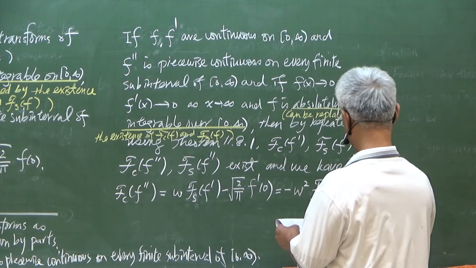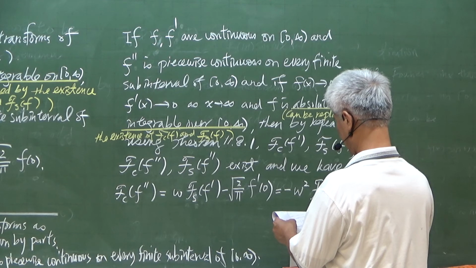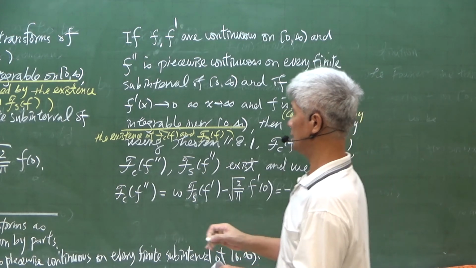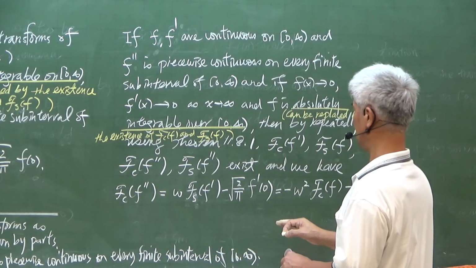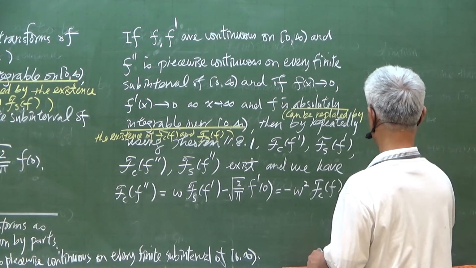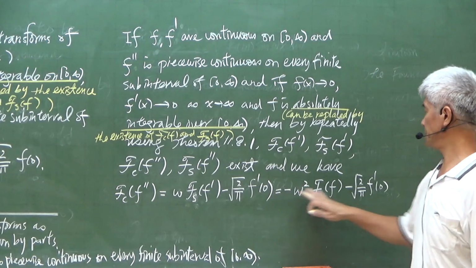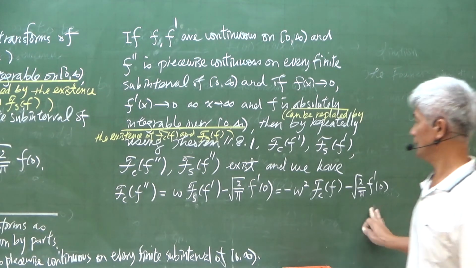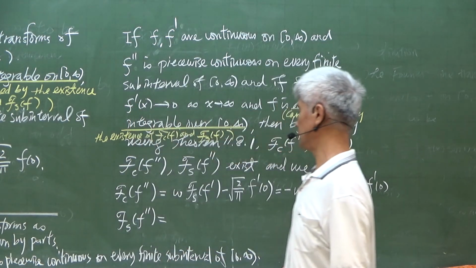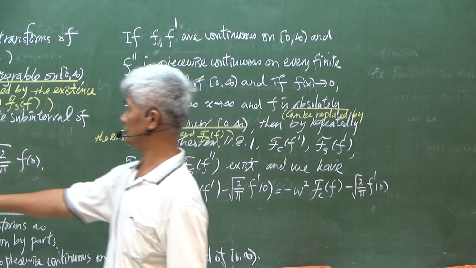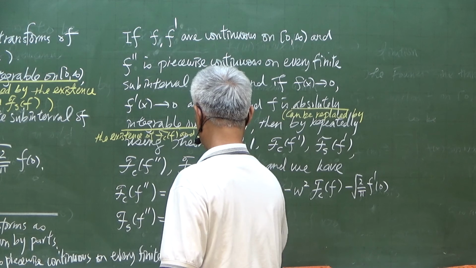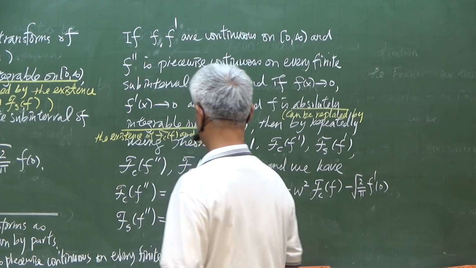minus square root of 2 over pi f prime of 0. Okay, so we have this one, and the Fourier sine transform of the second derivative is equal to minus w times the Fourier cosine transform of f prime.